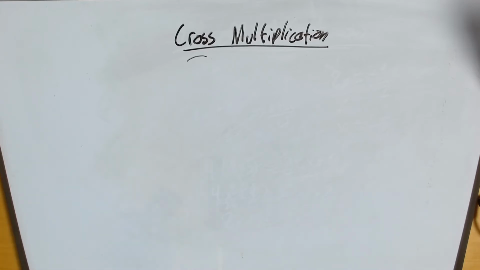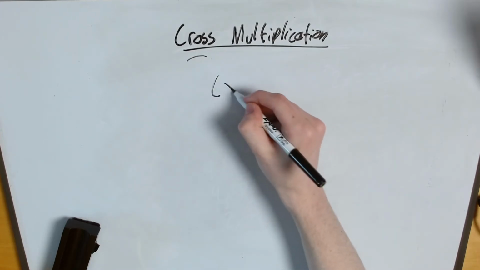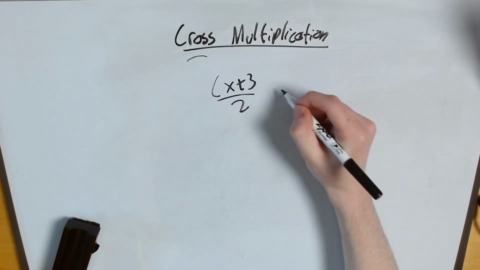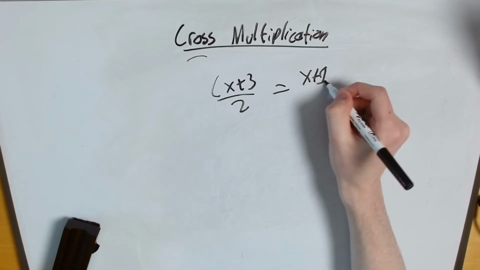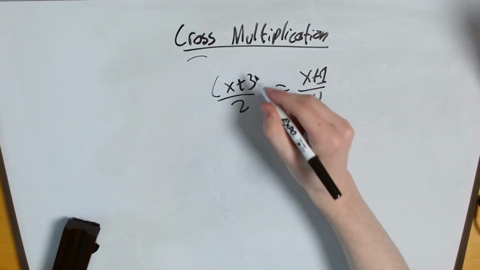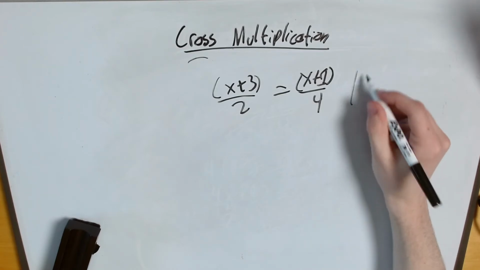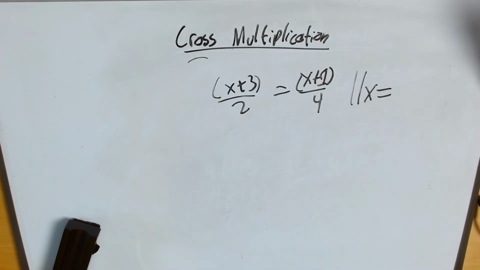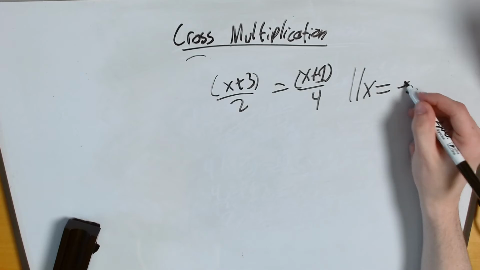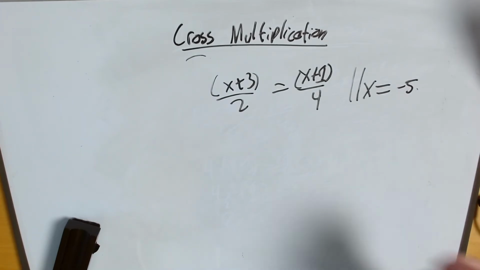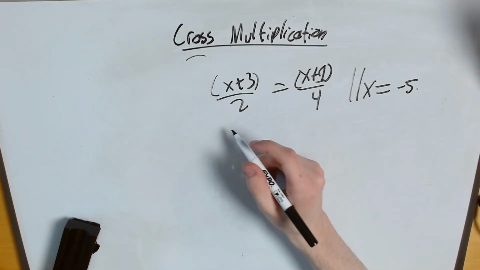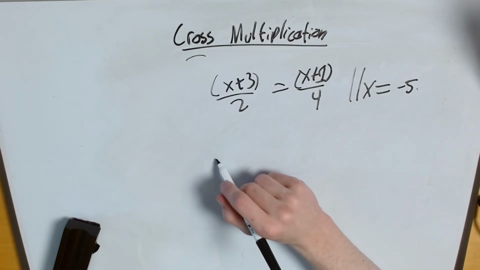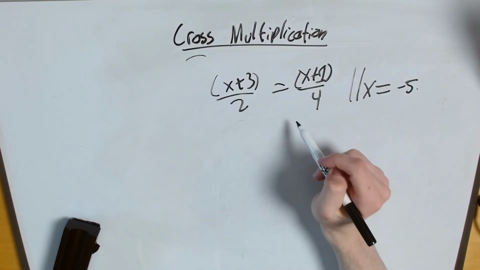You might say, well, how do I know if I'm doing cross multiplication right? Well, here's the great thing. You have your x values, and we can check to see if they work. So let's go back. x plus 3 over 2 is equal to x plus 1 over 4. We found that x was equal to negative 5. Let's plug in negative 5 for x and see once and for all, does cross multiplication really work? If it works, these two things should be equal.